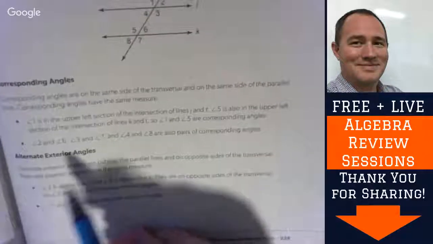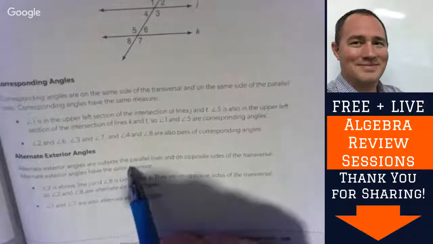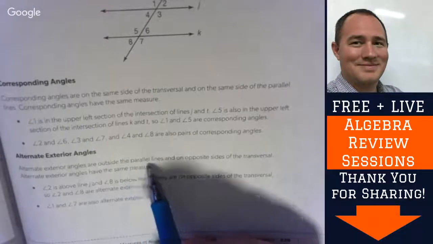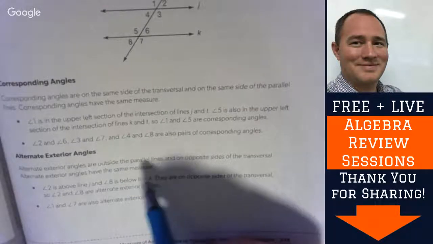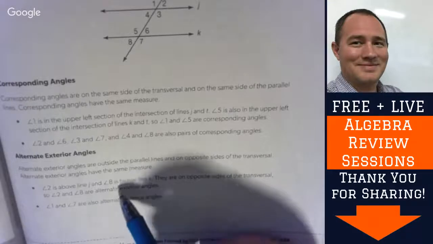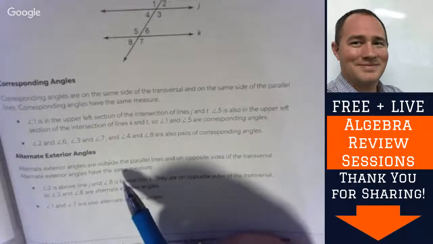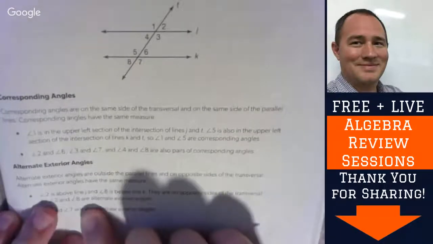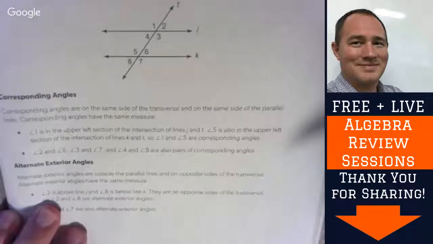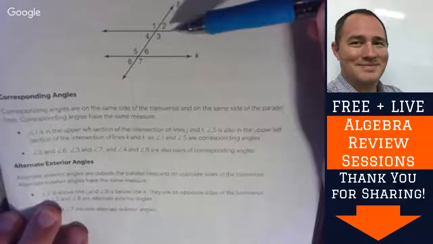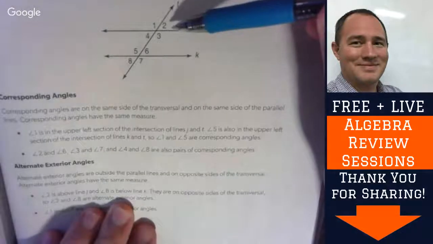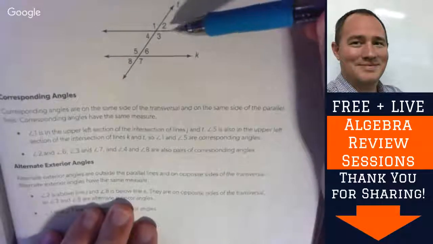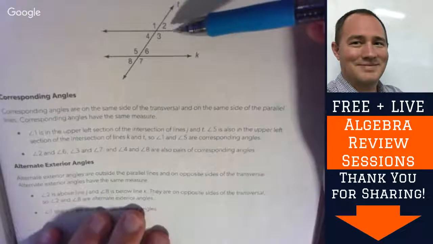The next thing we talk about is alternate exterior angles. Alternate exterior angles are on the outside of the parallel lines and on the opposite sides of the transversal. Alternate exterior angles have the same measure. The example here talks about angle 2 being above line J, and angle 8 is below line K. They're on opposite sides of the transversal.